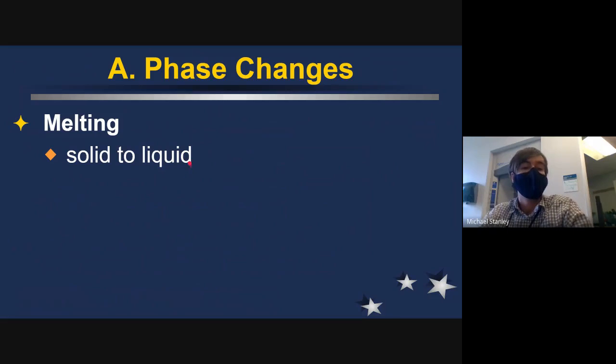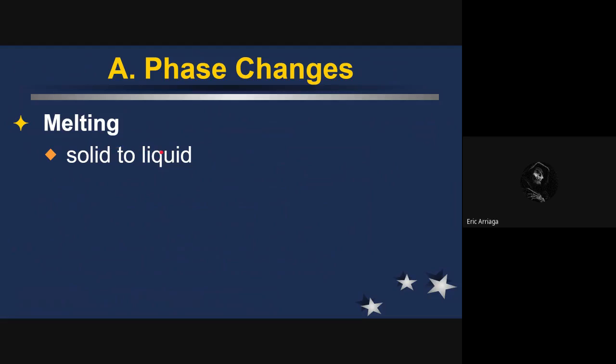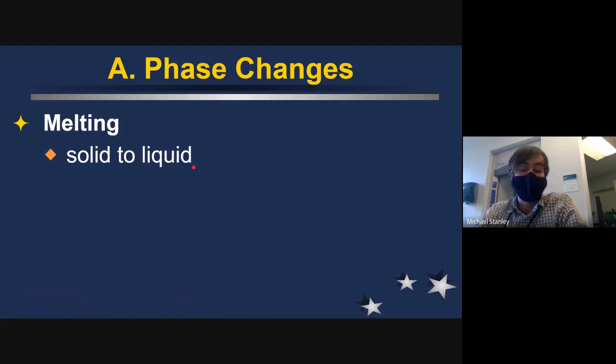What about if we go the other way? What if we take something liquid and cool it down to the point where it becomes solid? What do we call that process? So we have something that is liquid, and we cool it down until it starts forming a solid.